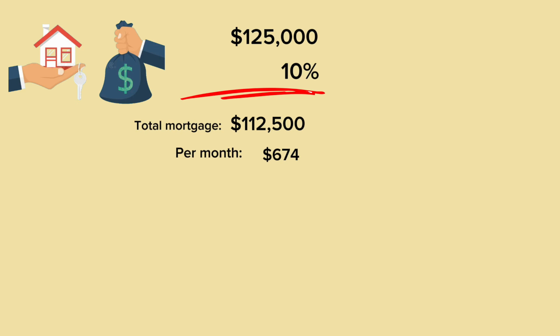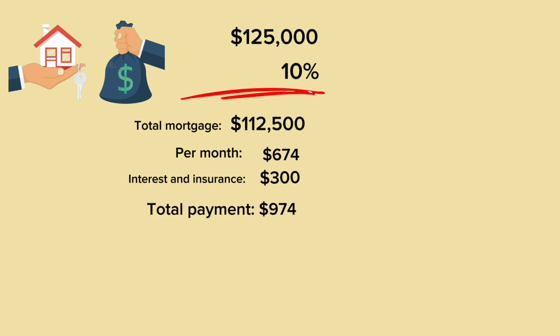So while your mortgage and interest is only $674 based on $112,500 of mortgage, they're going to add taxes and insurance. It's going to be in Florida about $300 per month. So your total payment would be $974.